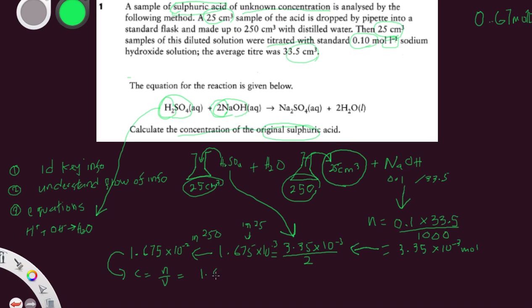Number of moles is 1.675 times 10 to the power of negative 2, over the volume given, 25 cm cube, so we do have to change it to liters.